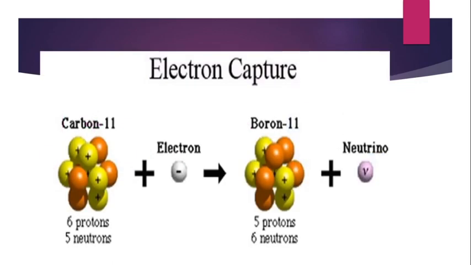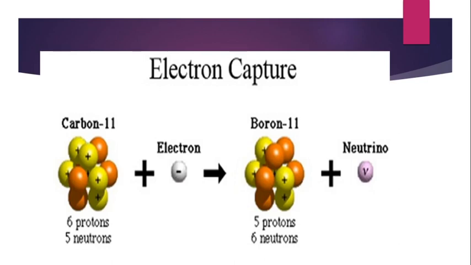An example is there, carbon 11 having 6 protons and 5 neutrons absorbs an electron. So what happens? The proton from carbon 11 combines with the electron, so that there will be a decrease of proton, that is 5 protons, and a new neutron is formed.